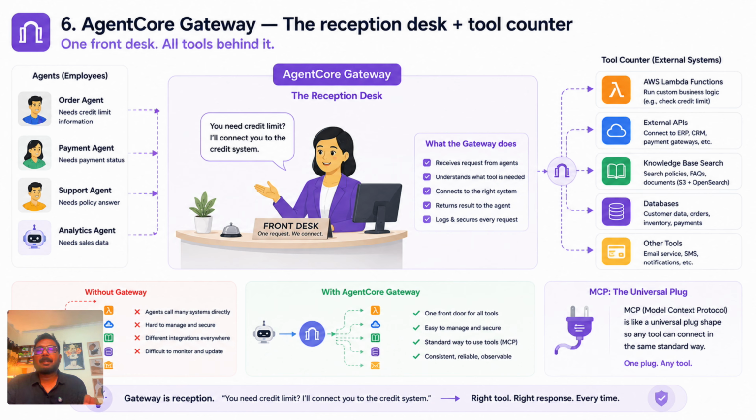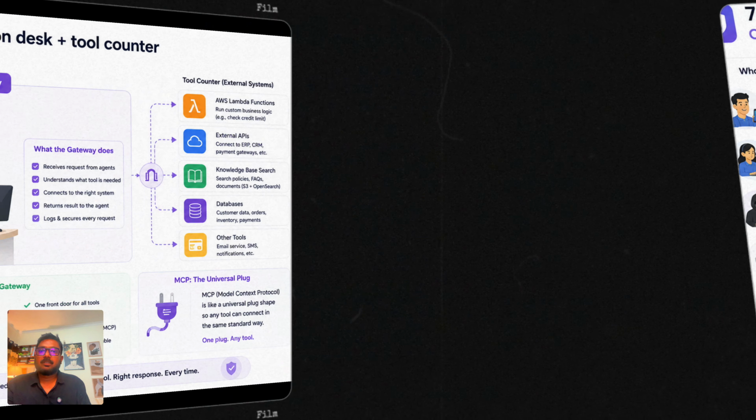You have to connect the payment agent with all the Lambdas it needs. You have to connect all different tools with the support agent. With the help of the agent gateway or MCP, for example, you can call it, it understands which tool you need and just directly connects you. Simple. Correct? And this is how it helps the AgentCore Runtime complete the architecture.